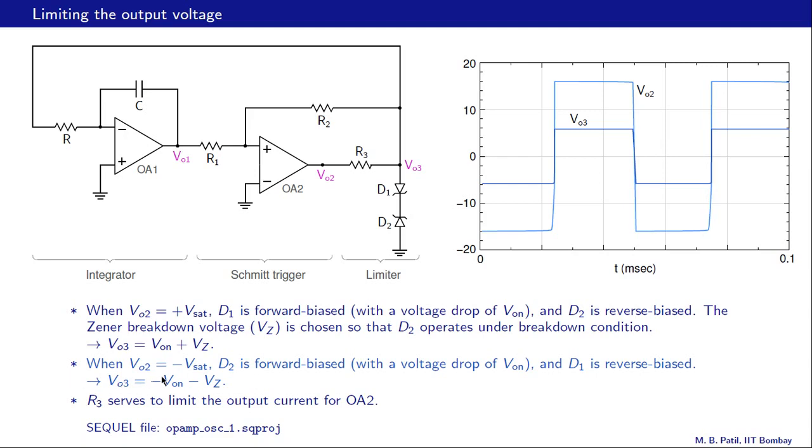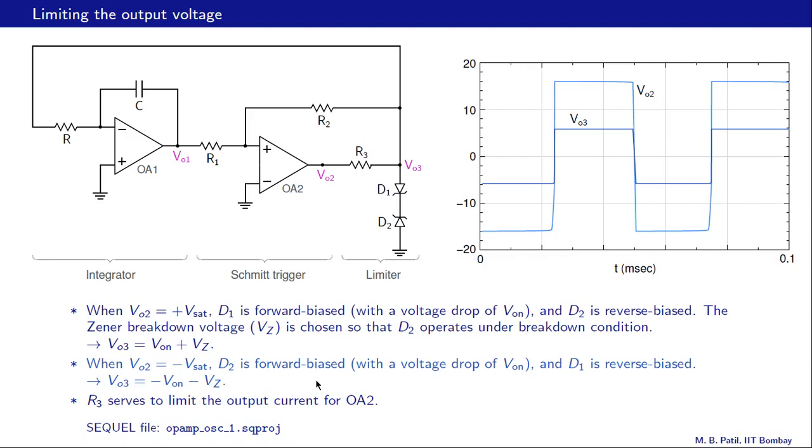When VO2 is minus Vsat, this level, then D2 conducts in the forward direction, D1 conducts in the reverse breakdown mode. So Von appears here, Vz appears here, and the output voltage VO3 is minus Von minus Vz, that level.